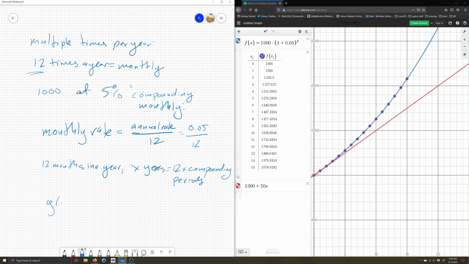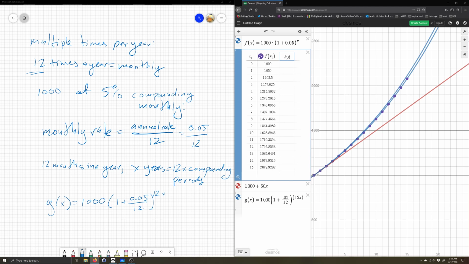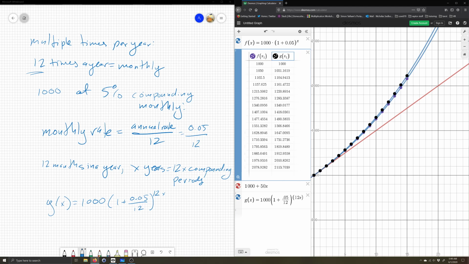So your function becomes g of x is 1,000 times 1 plus 0.05 over 12 to the 12x. Because you get a 12th as much interest, but it happens 12 times a year instead of once. And so I'm going to plot that, and just for comparison's sake, I'm going to plug it in here.